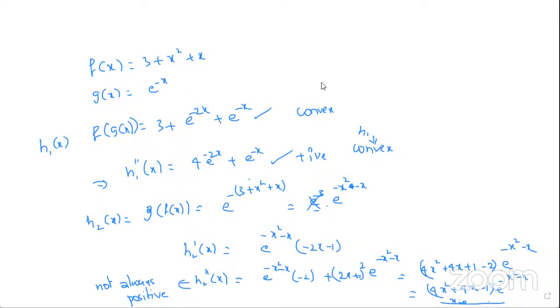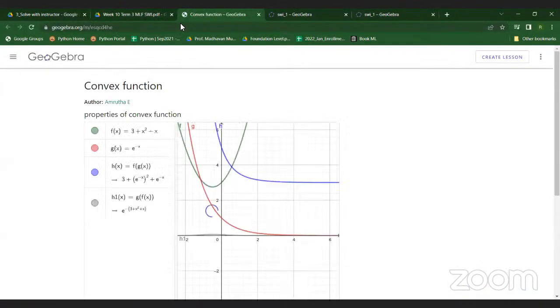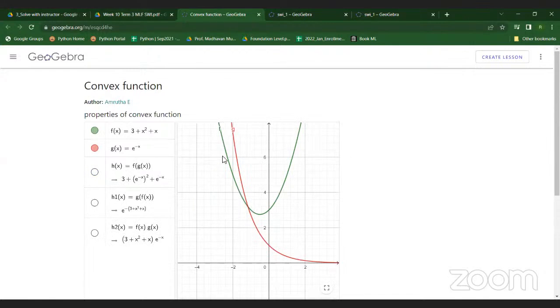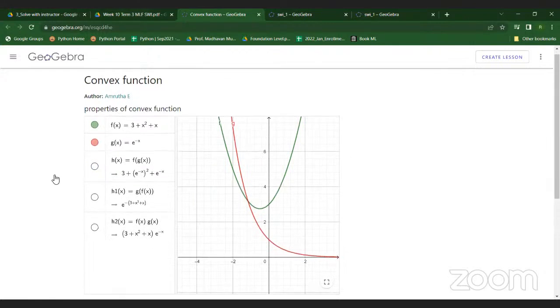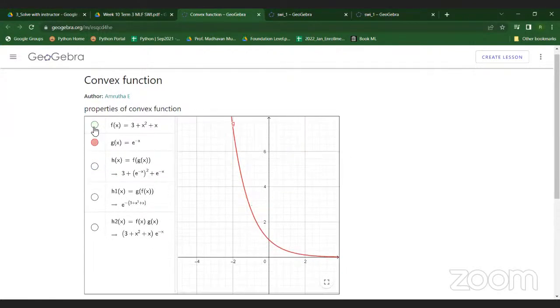So wait, let's look at the solution which was mentioned here. Okay, this is convex, that part is clear.